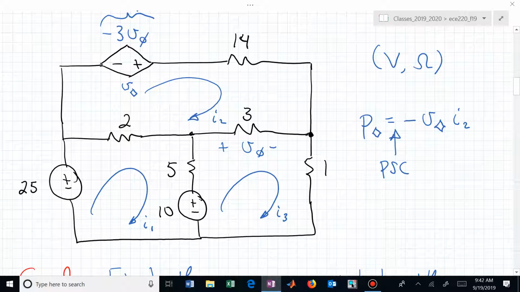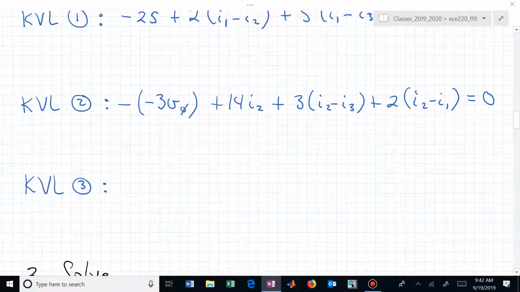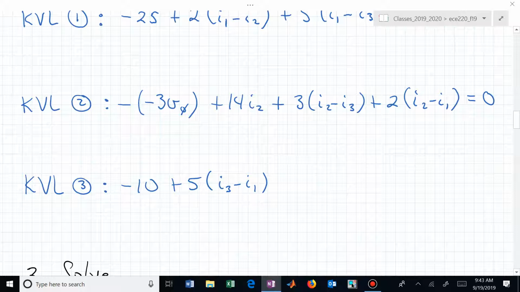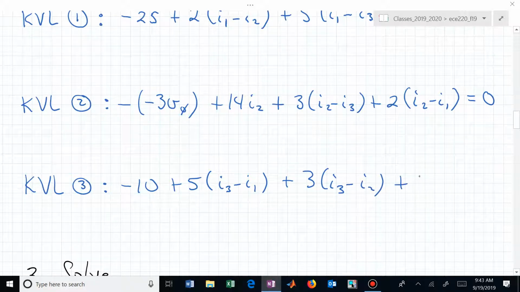The current going up net is I3 minus I1. Then we have the voltage dropped across the 3 ohm resistor from left to right. That's 3 times I3 minus I2 plus 1 times I sub 3. This is now minus 10 plus 5 times I sub 3 minus I sub 1 plus 3 times I sub 3 minus I sub 2 plus 1 times I sub 3.